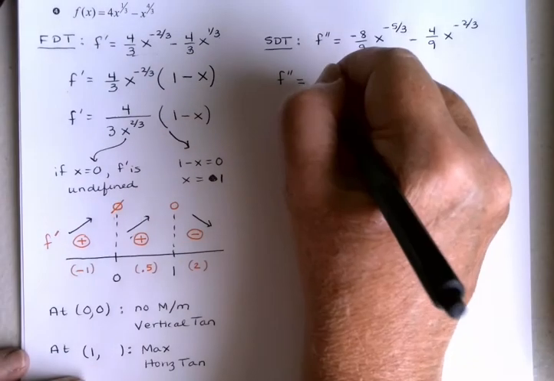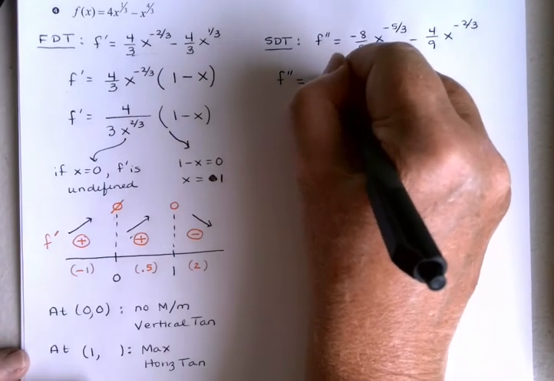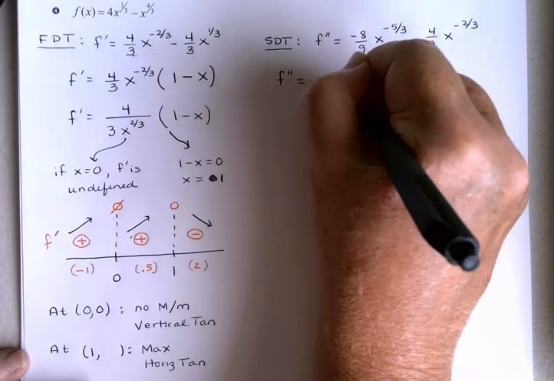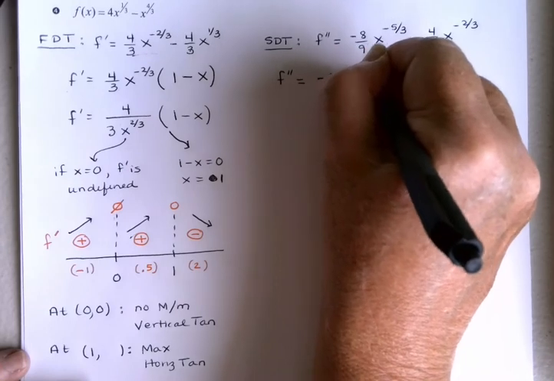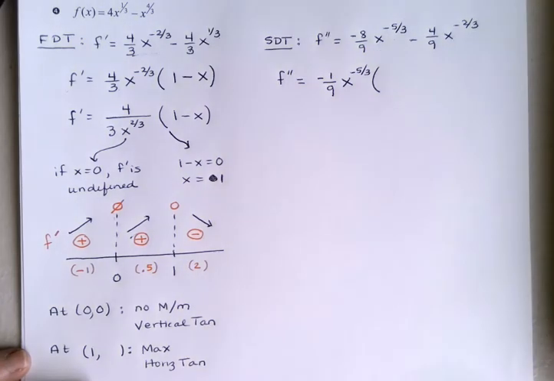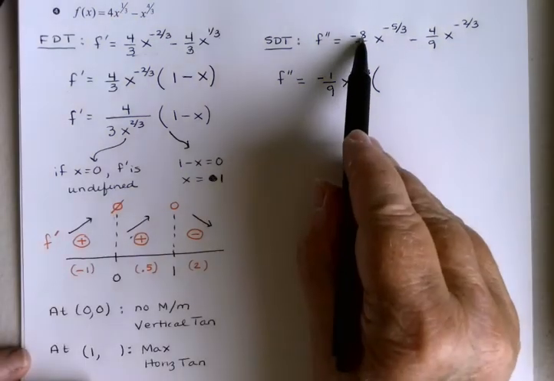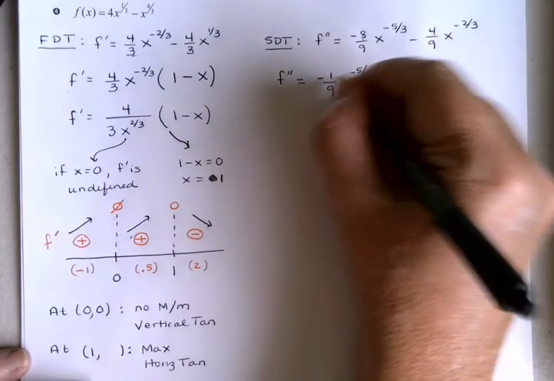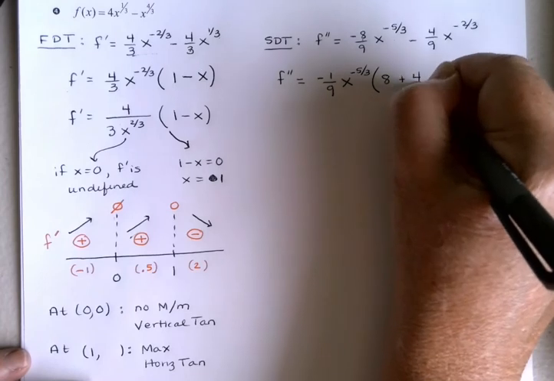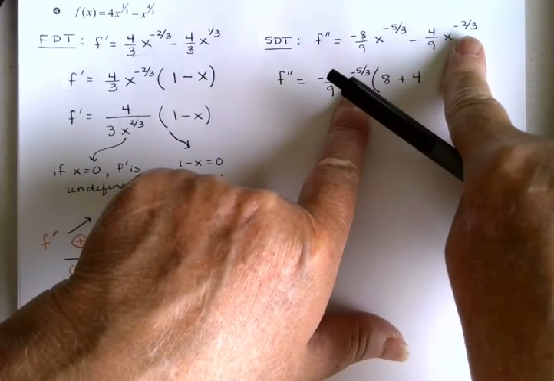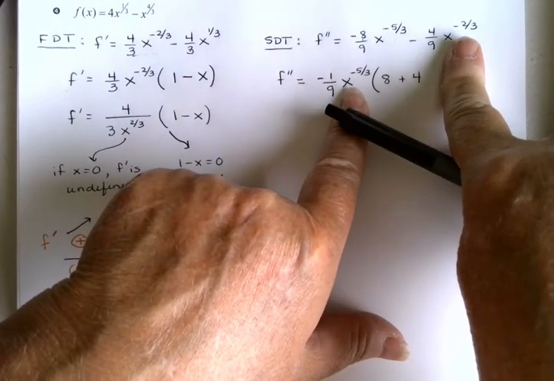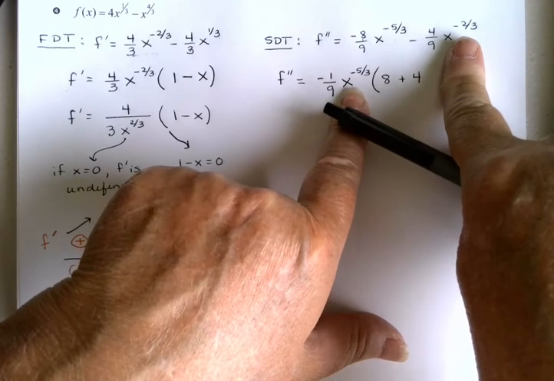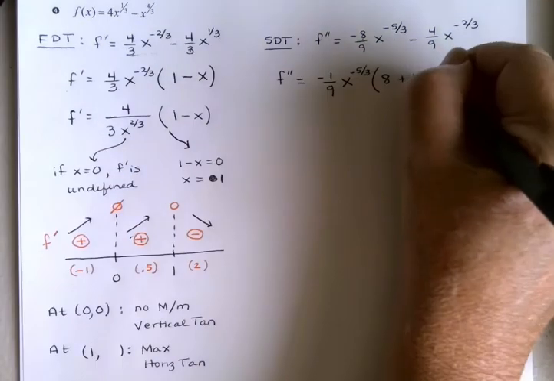I'm going to go ahead and take out the 1/9 also, maybe even a negative 1/9, just to make my algebra a little easier later. So that's going to leave an 8 here. And the minus sign's already out, so a plus 4. Negative 2/3 plus 5/3 would be 3/3, or x to the first again.